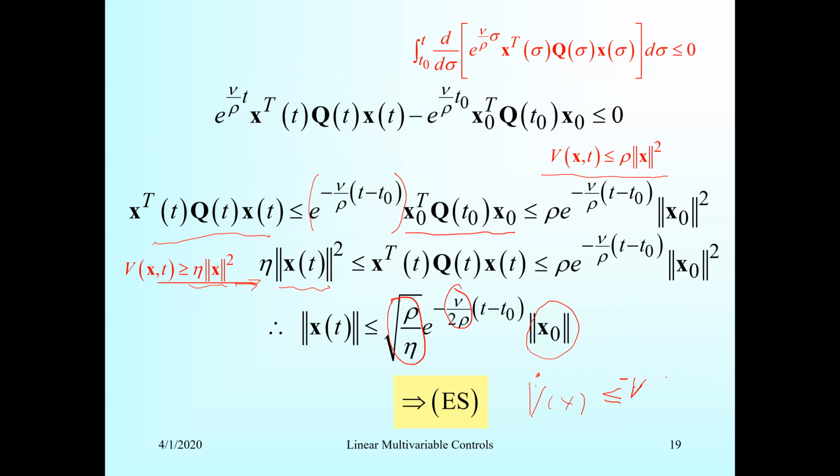This is a constant, mu is a positive constant, and this is the size of my x squared. So it can be bounded by minus this one. Then it's exponentially stable, okay?